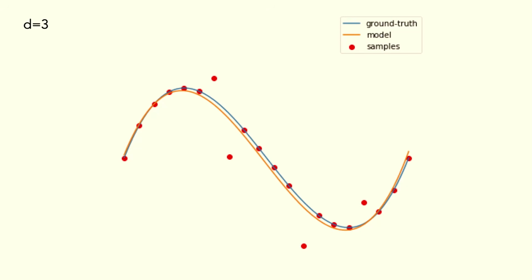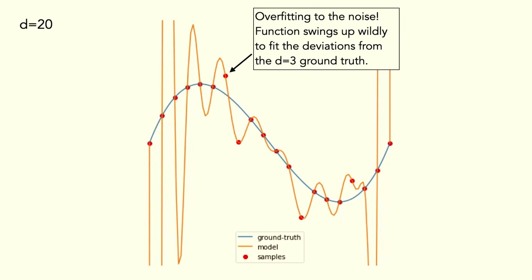And then overfitting is if I go up to too many degrees of freedom, I can not only recover the true data, but I'm also fitting to the noise, right? This deviation from the blue line is just noise. And the model is wildly deviating in order to capture that aspect that doesn't actually generalize, that doesn't actually tell me something about the true smooth underlying function. Okay, so this is our classic picture of overfitting.